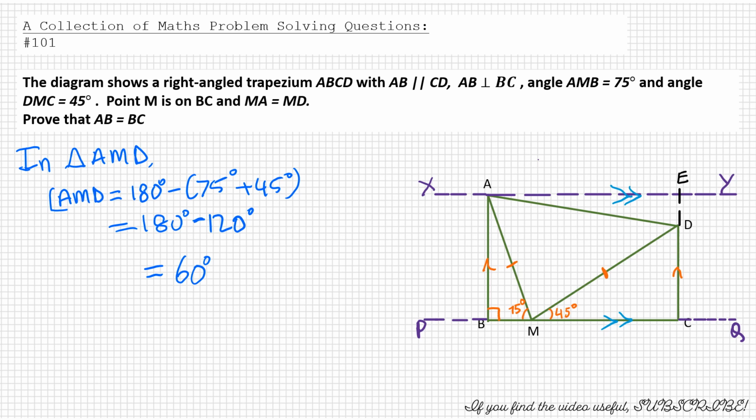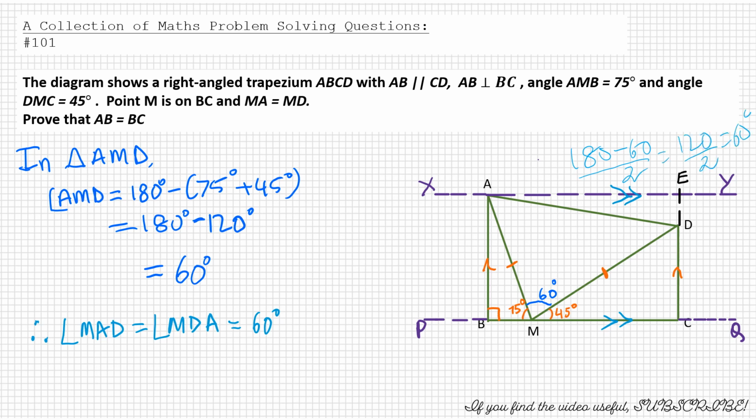If one angle is 60 degrees, the other two angles also work out to be 60 degrees, because 180 minus 60, divided by 2, is 120 divided by 2, that is 60 degrees.